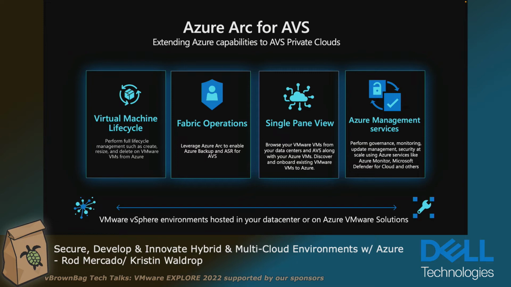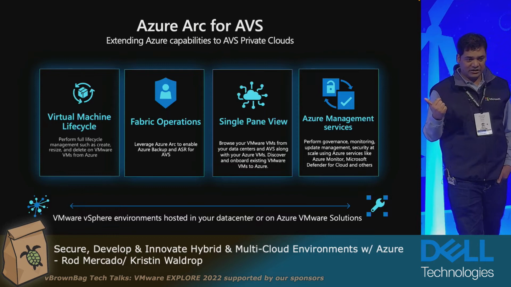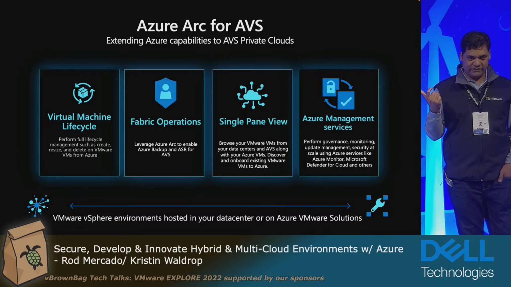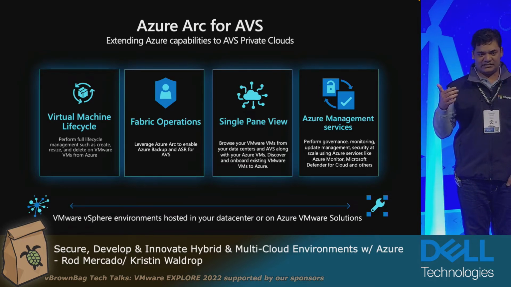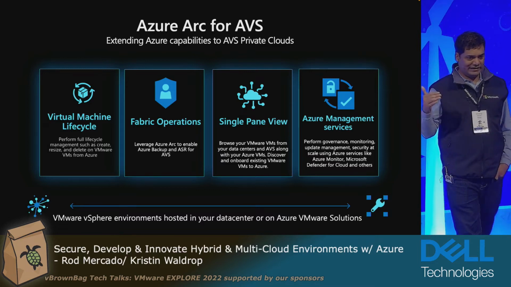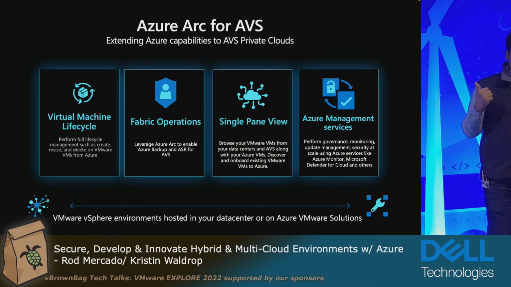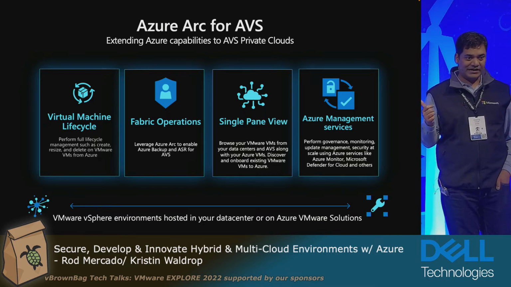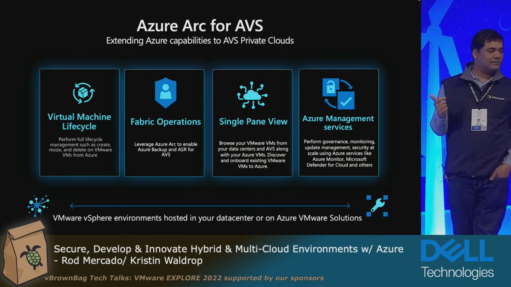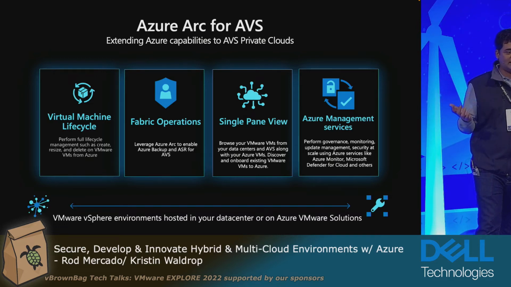But with Azure Arc, you have a better option. You can connect to Azure native fabric services, and when I say fabric services, I mean things like backup and DR and log analytics and everything that runs at the backend. Through Arc integration, you can leverage, let's say, Azure Backup directly without any need to deploy or manage any backup server.